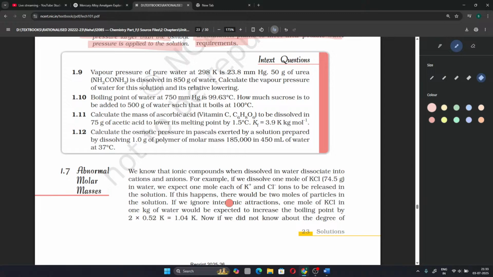Okay, such a large molecule. You only dissolved 1 gram of it in 450 ml of water at 35 degrees. Okay, this is also direct formula substitution, pi equals CRT.